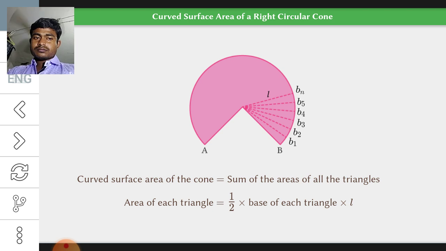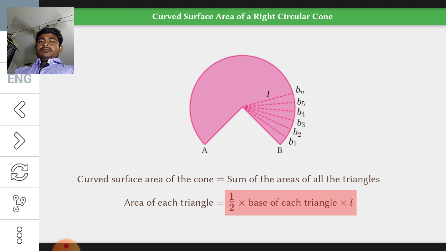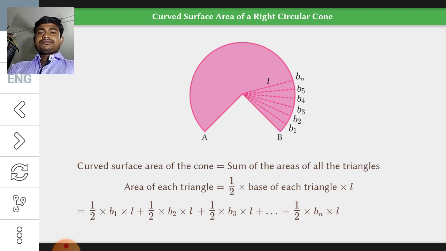The area of each triangle can be calculated as half of the base of each triangle into the slant height L. For all the triangles 1 to n, the total area is.